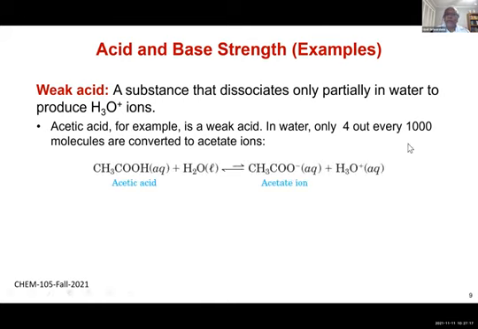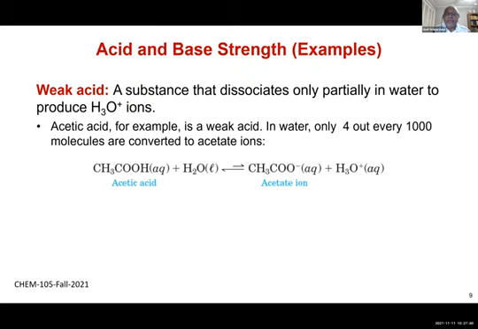So if you look at that reaction, acetic acid plus water produces acetate ion, just like HCl produces chloride ion, acetic acid produces acetate ion.